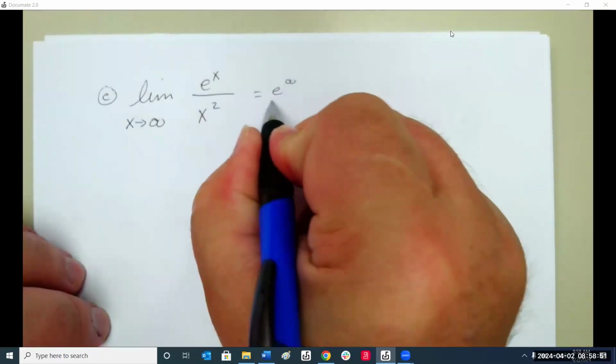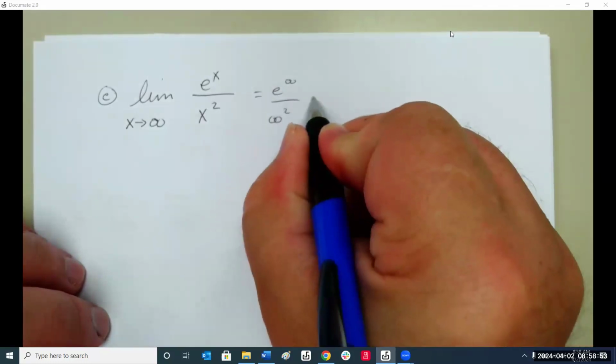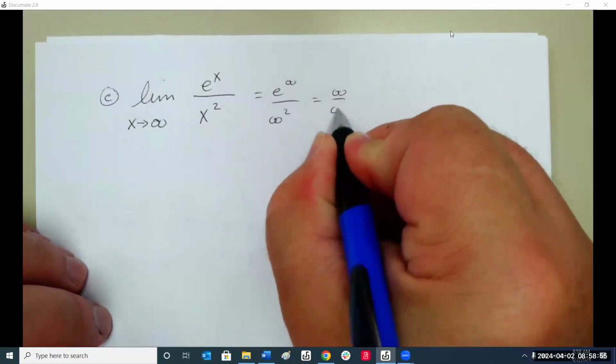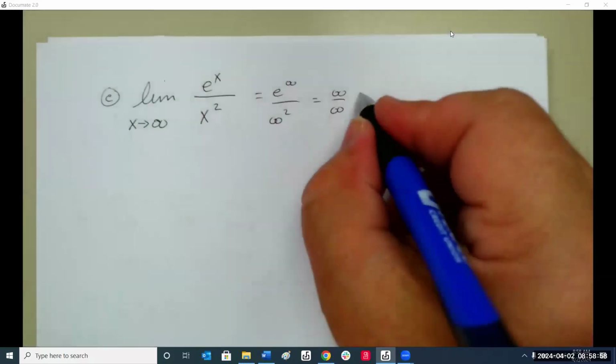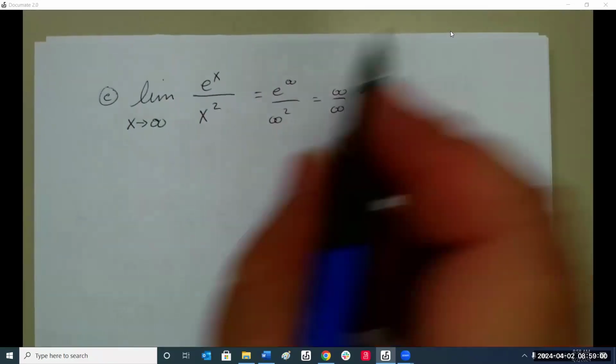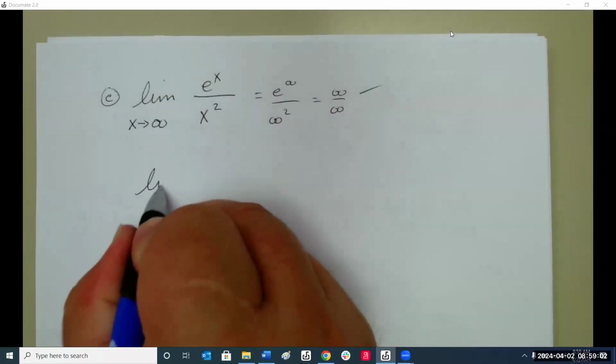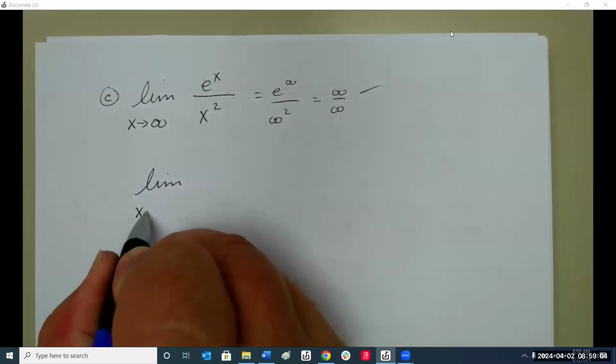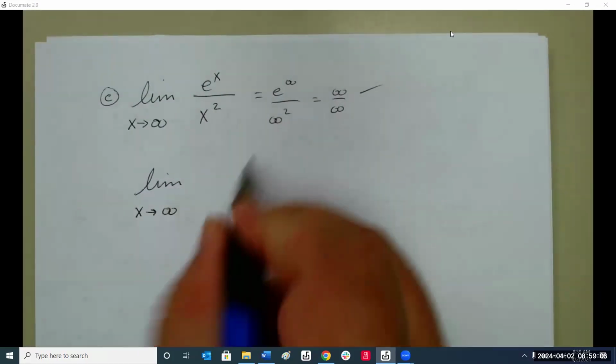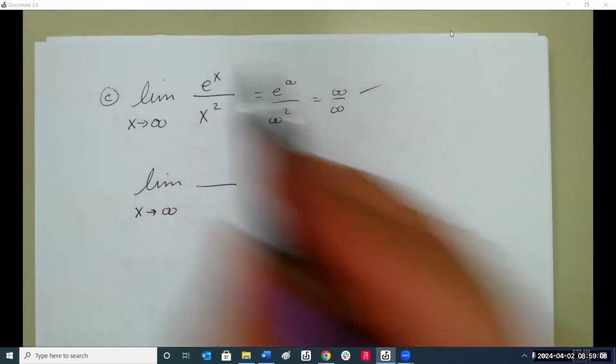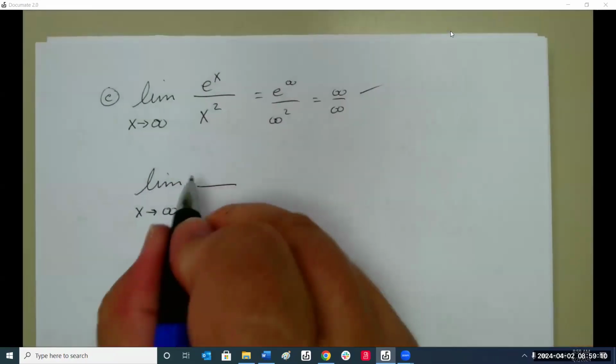E to the infinity over infinity squared is infinity over infinity. Yes, so we can use L'Hopital's rule. What's the derivative of e to the x? E to the x.